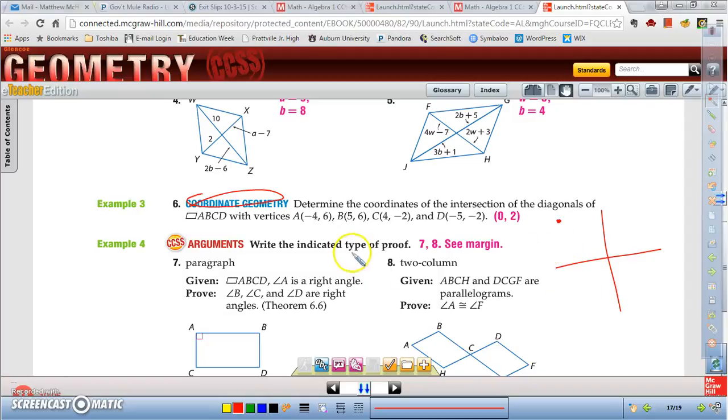Okay, I know that B is going to be in the first quadrant over here somewhere. I know that C is going to be in quadrant 4 and that D is going to be in quadrant 3.